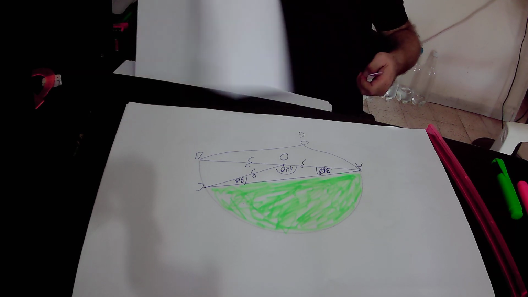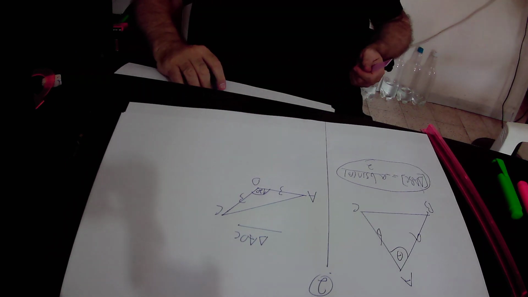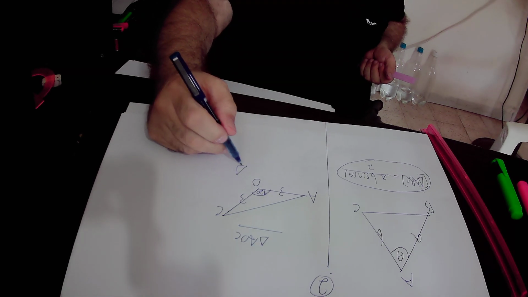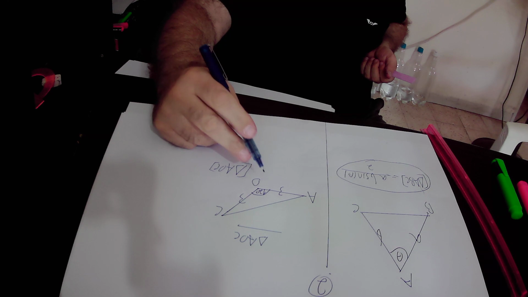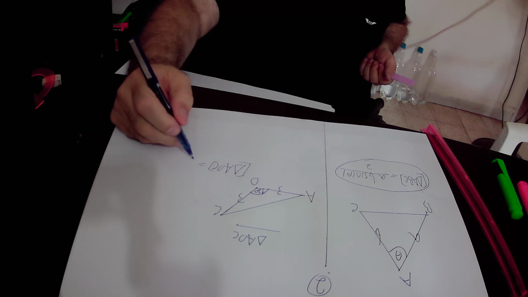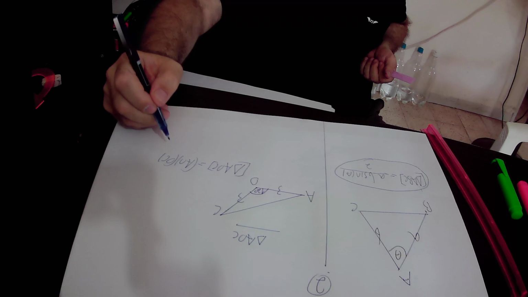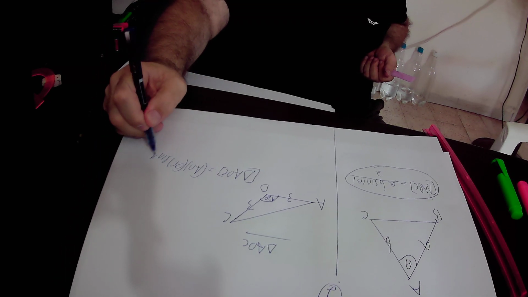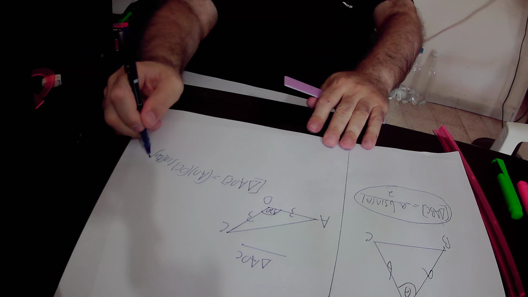So actually this is triangle AOC as I call it from the original drawing. According to the new formula, the area of this triangle AOC will be equal to AO times OC times sine 120 degrees over 2.